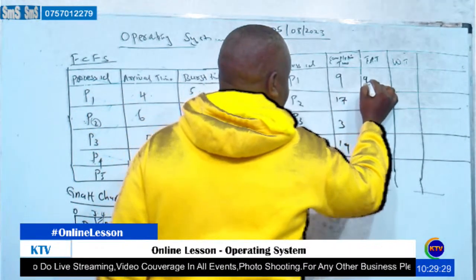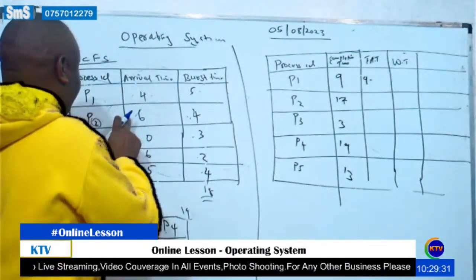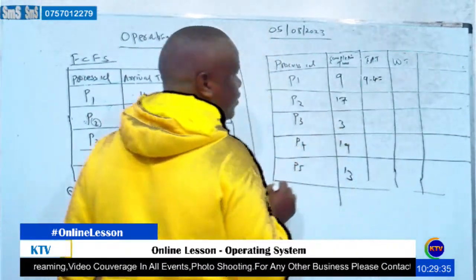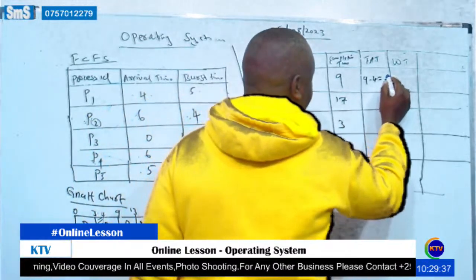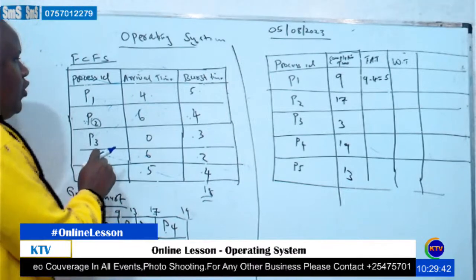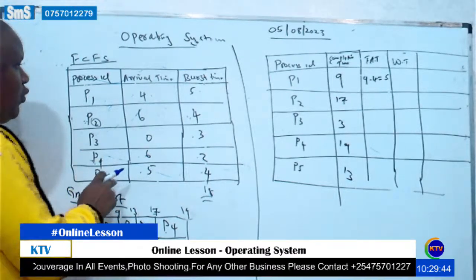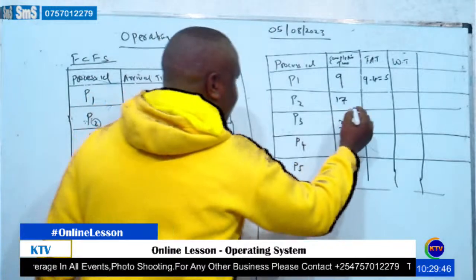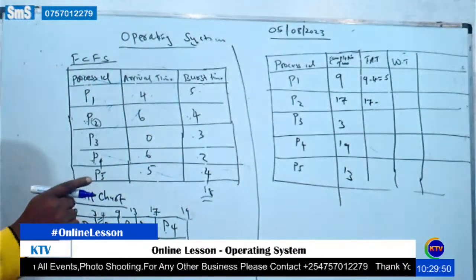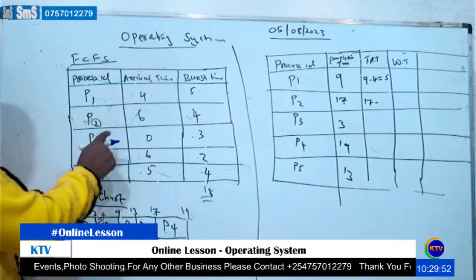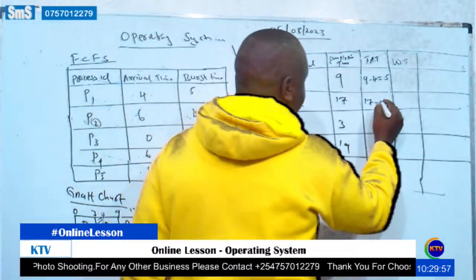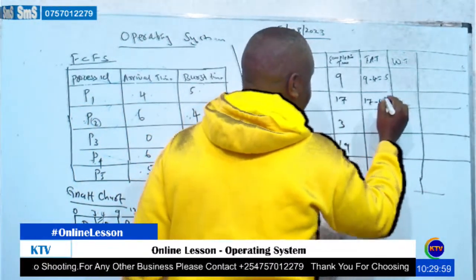Completion time is 9 minus the arrival time for process 1, which is 4. 9 minus 4 equals 5. The completion time for process 2 is 17, minus the arrival time for process 2, which is 6, gives you 11.